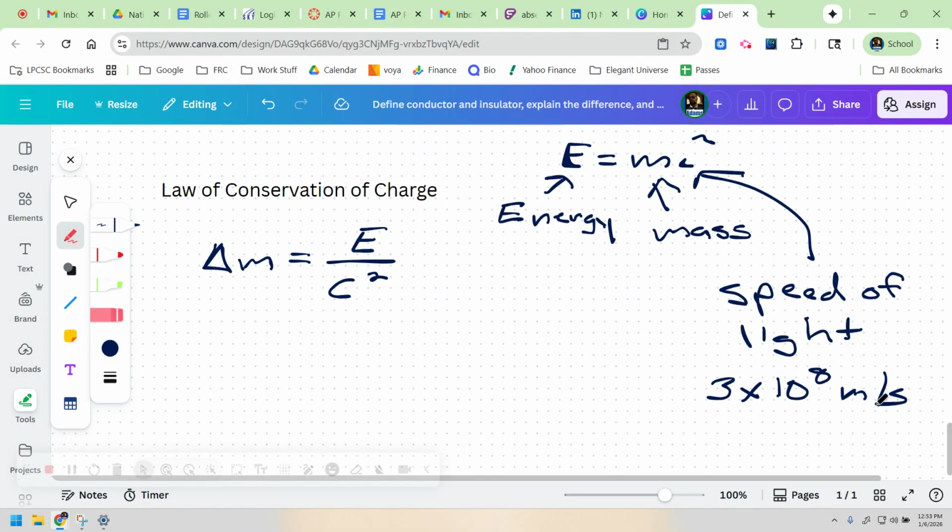So what this means is when a particle collides, the mass can actually be broken down into the electrons and the protons.